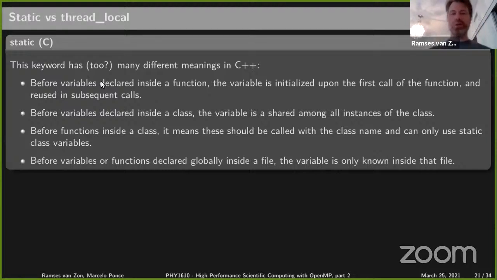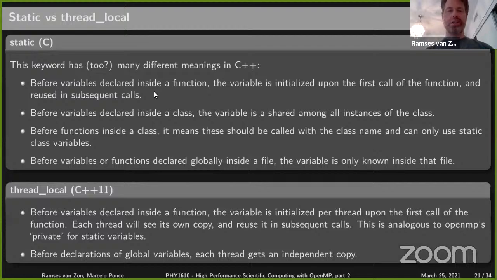That doesn't work in a threaded environment because, first of all, threads might be trying to initialize the same static variable at the same time. So that's a race condition in and of itself. Calling a function that has a static variable is in itself a race condition if you do it in a threaded environment. And you don't get a private version for each thread. So that's why C++11 created the thread local keyword.